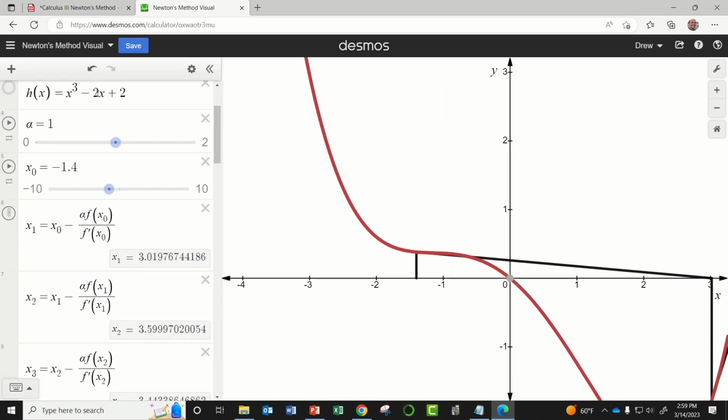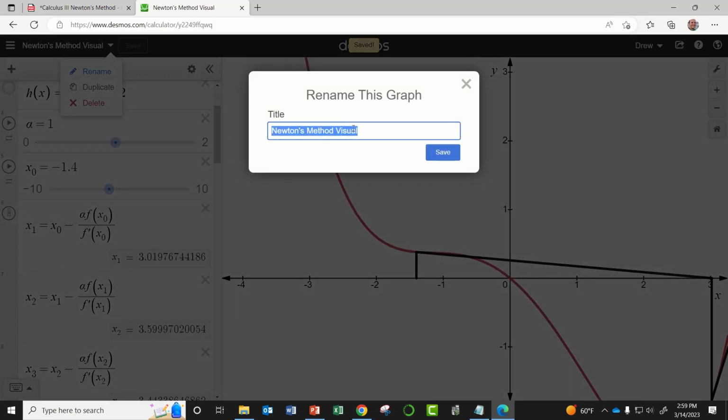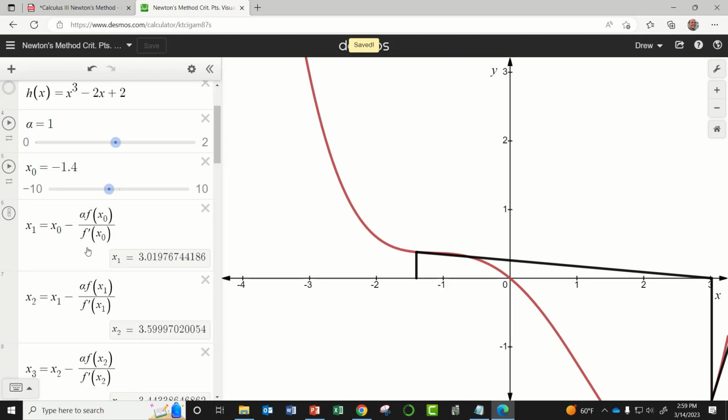Ooh, never mind, this is going to be a kind of intense overhaul, so let me rename it Newton's method for critical points. And that way I don't break it whenever I go in through here.